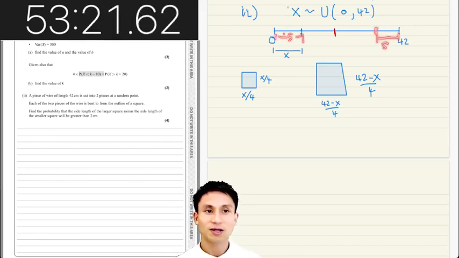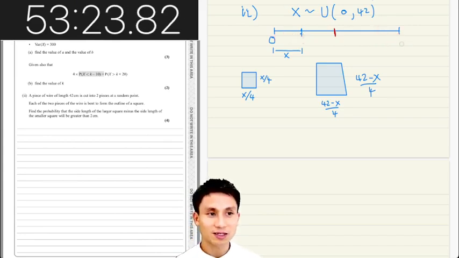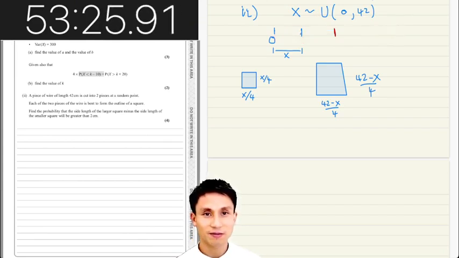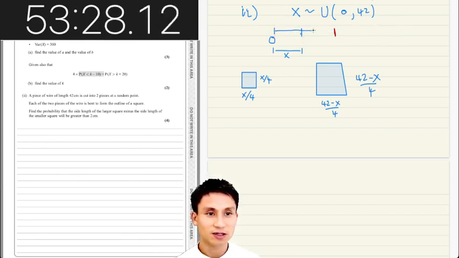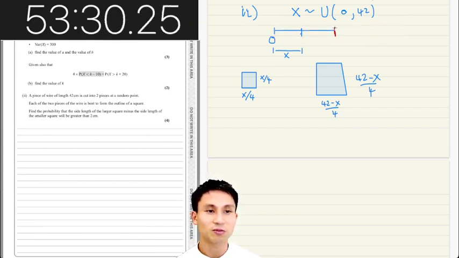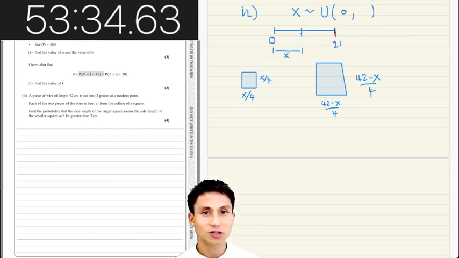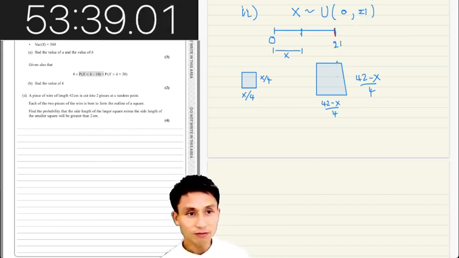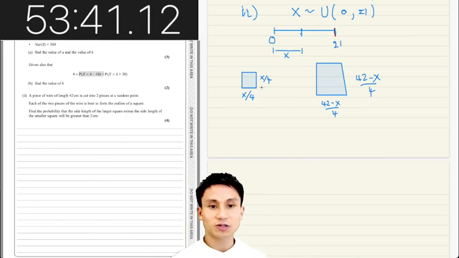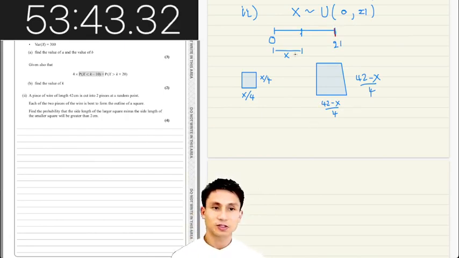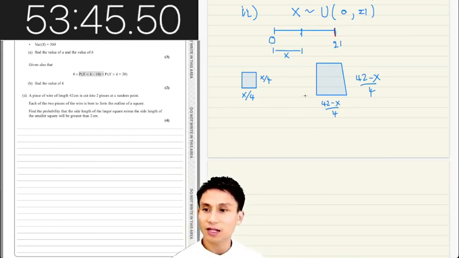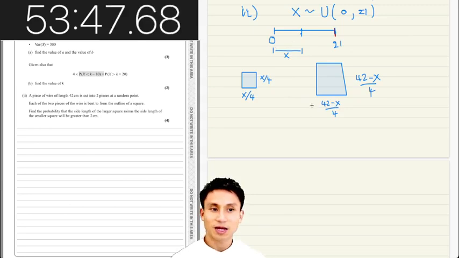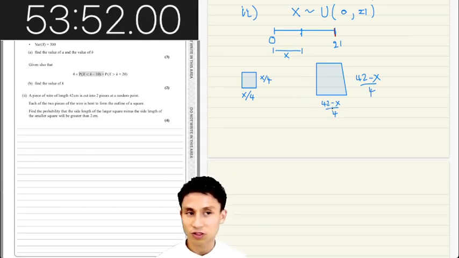So it's easier to change this whole thing to a half, because we only care about the point we cut, and this is 21. So I could change that to 21. That's just where we cut. But x here is still the same. We care about half of it, and that makes the other part greater. We still take 42 because the total length is 42.